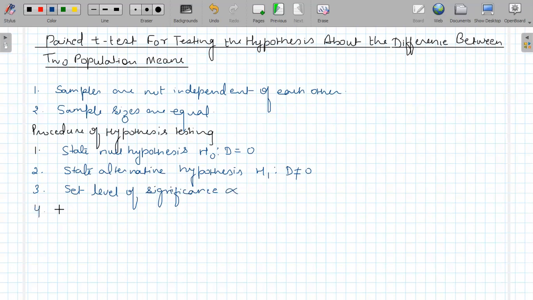Fourth step is compute test statistics. That is very important to know.